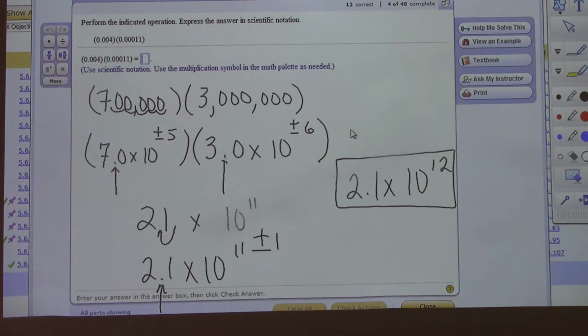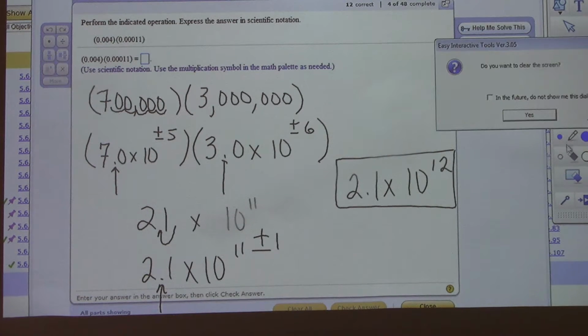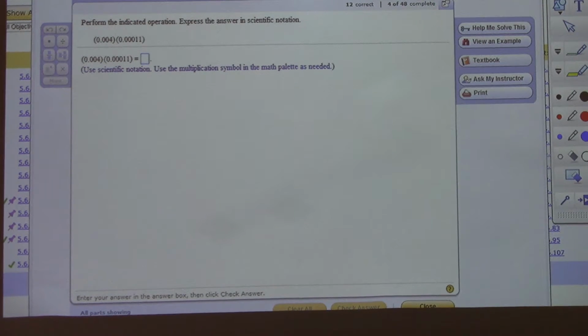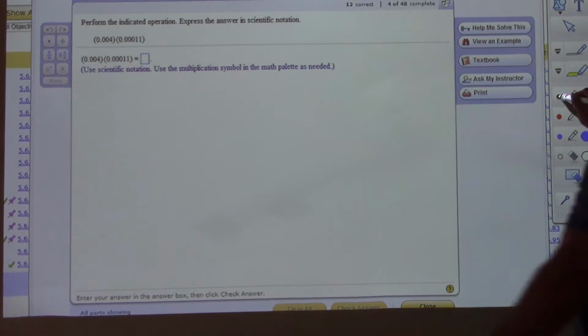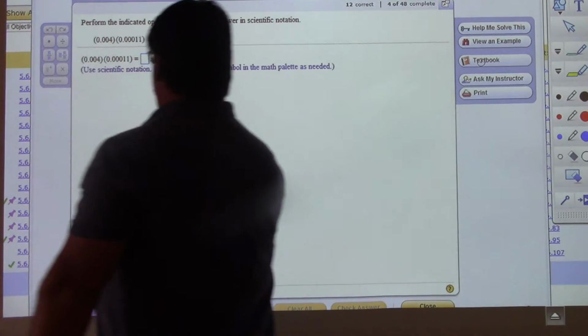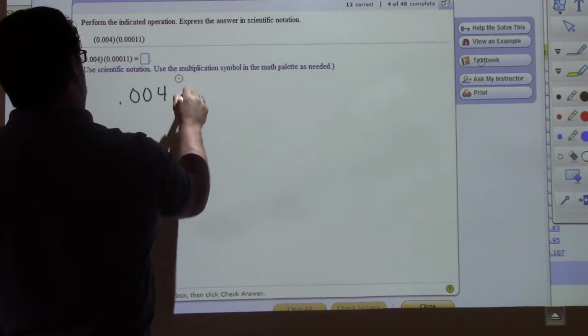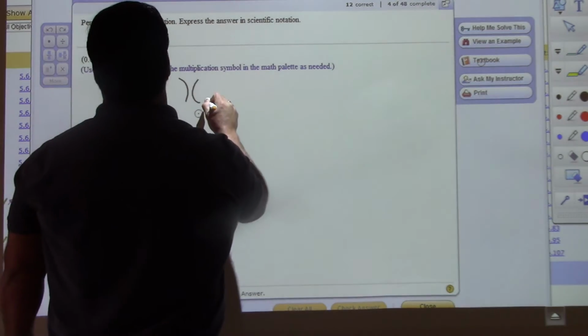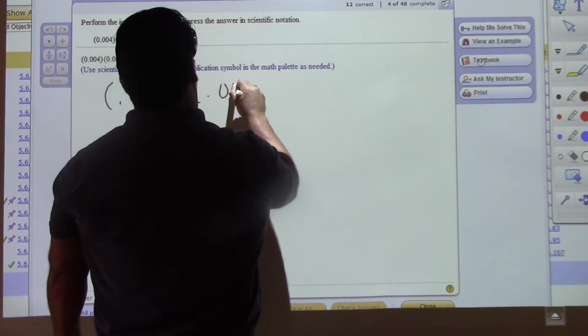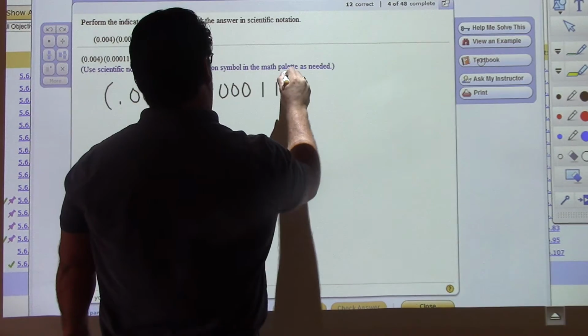Oh yeah, this is decimals. I just wouldn't even try it. Give up on it. It's easy to give up. 0.004 times 0.00011.